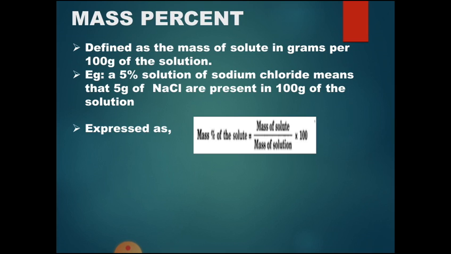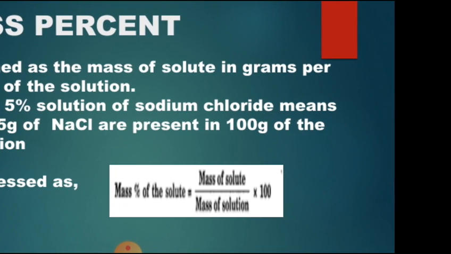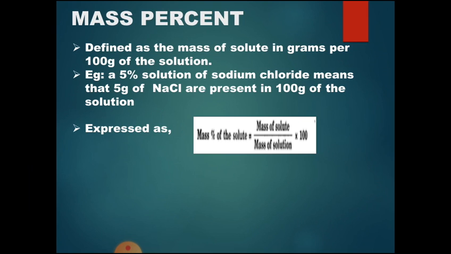Same example, if you substitute the values, mass of solute is 5 gram and mass of solution is 100 gram, into 100. So you will get 5 by 100 into 100 as 5%. This is how we can calculate or express the mass percent.